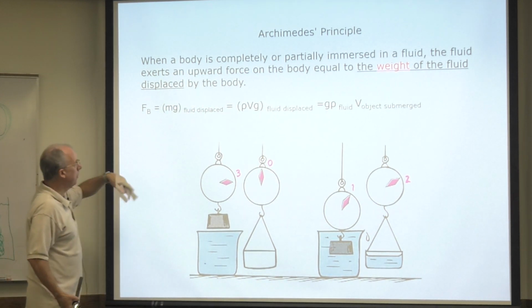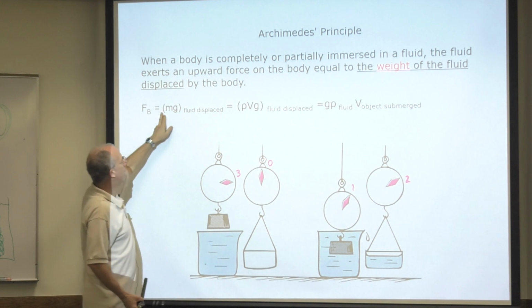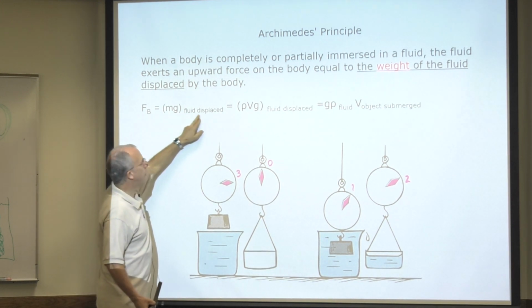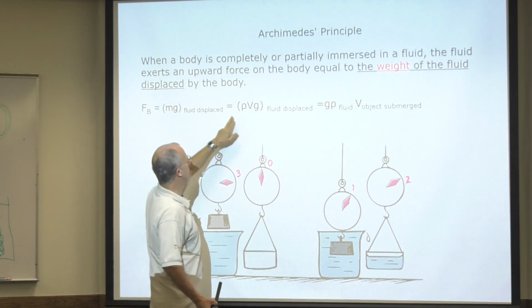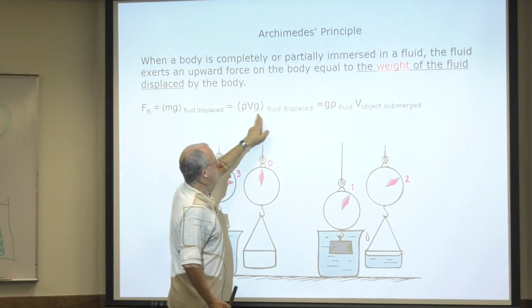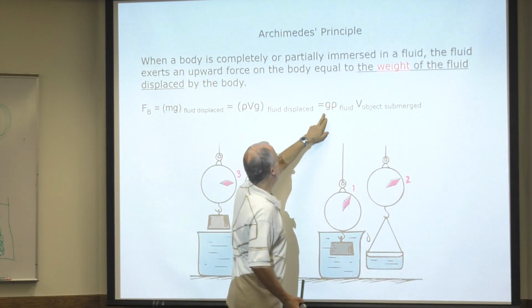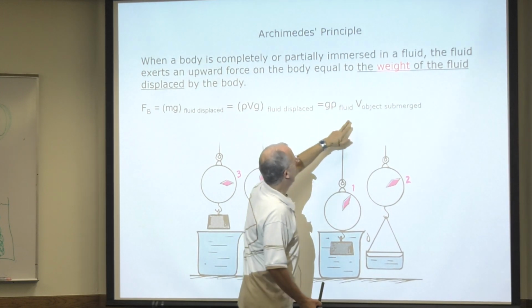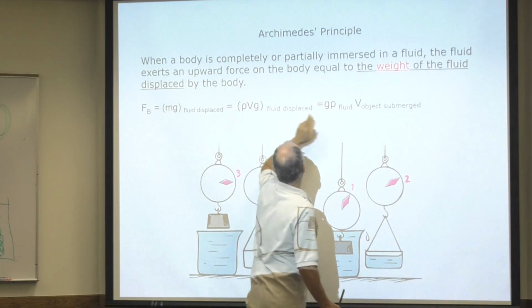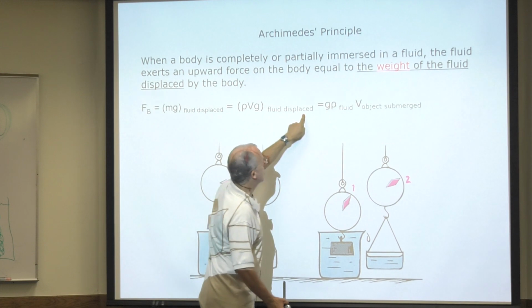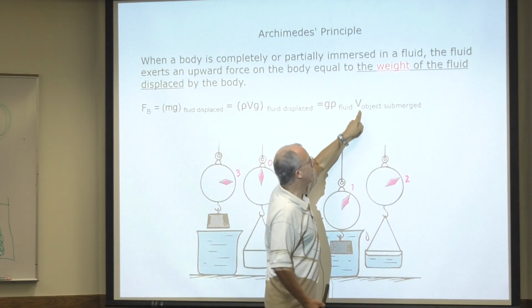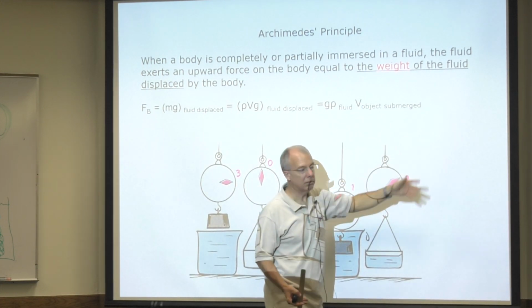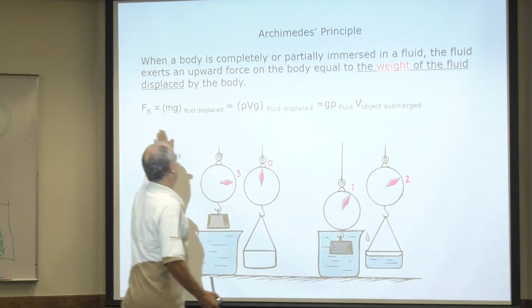So just to repeat, the buoyant force is the weight of the fluid displaced, mass is rho V, so weight is rho V g, where g is g, rho is the density of the fluid displaced, and the volume of the fluid displaced is just the volume of the object submerged, right? So anyway, that's how it is.